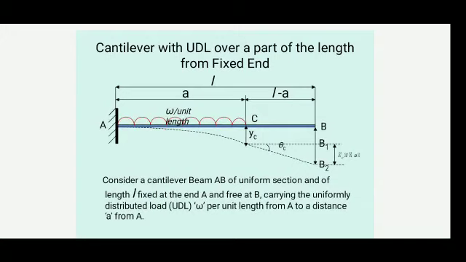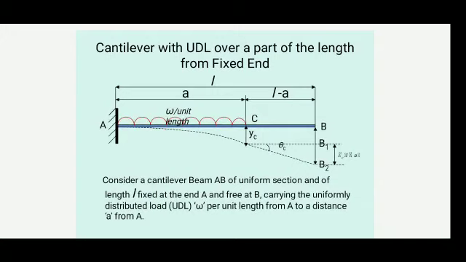Another case: a cantilever beam with uniformly distributed load over a part of the length from the fixed end. So that is the cantilever beam from point A to C, with uniformly distributed load. From C to B there are no loads.